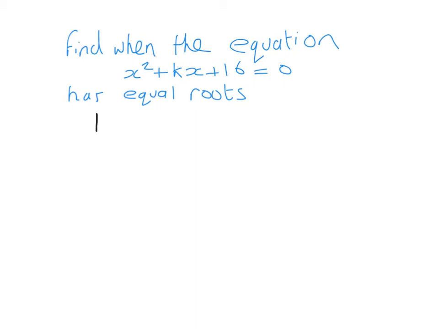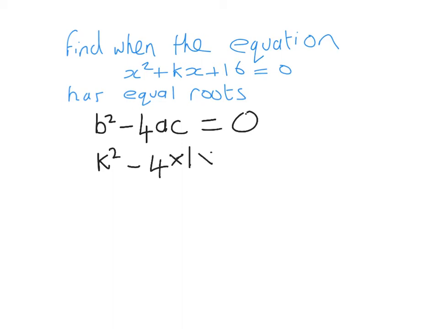So I know b squared minus 4ac must equal 0 because there are equal roots. I can go back and look at my rules just to verify that. So what's b? Well, b is k, the number in front of x, minus 4 lots of a, which is 1 because it's just 1x squared, times c, which is 16.